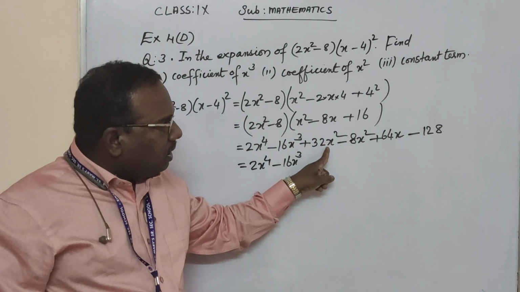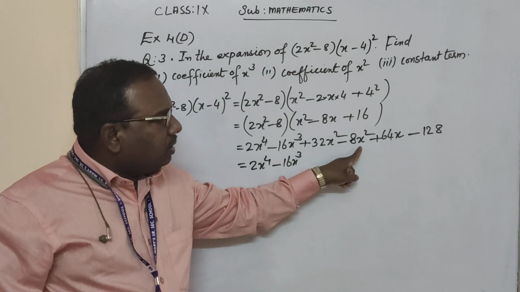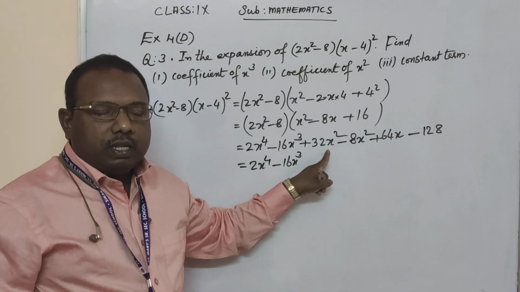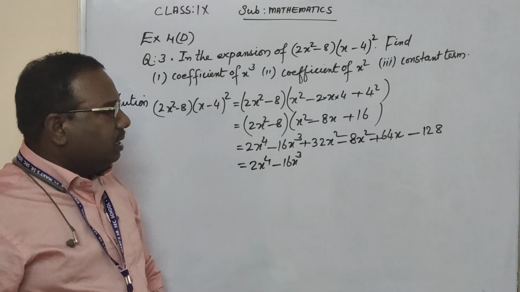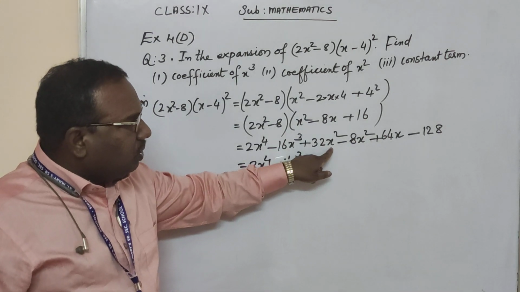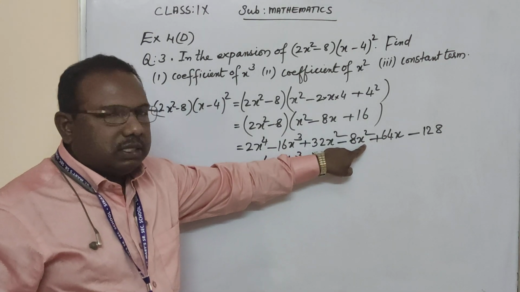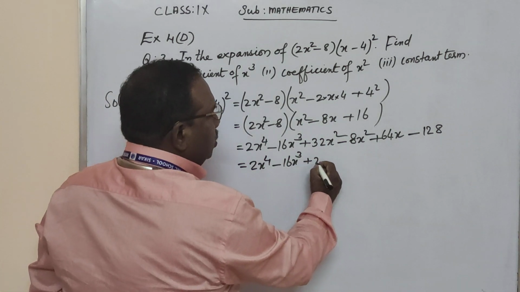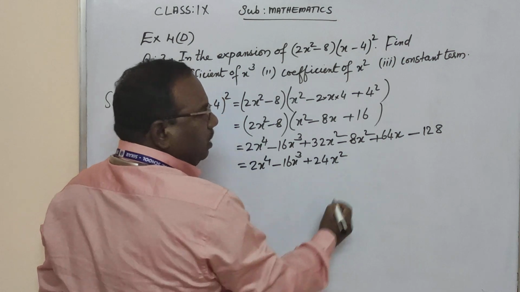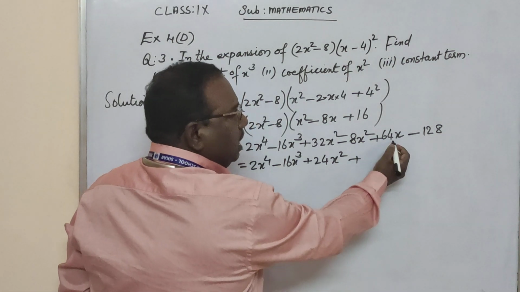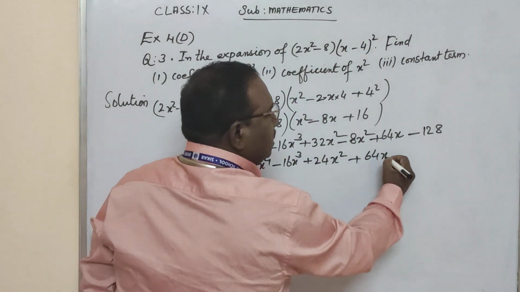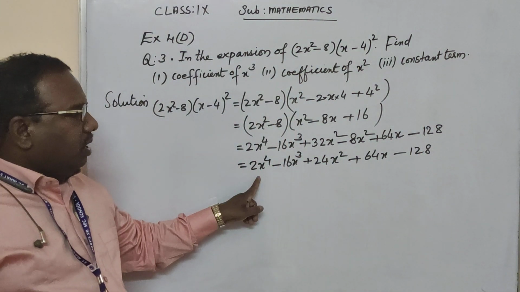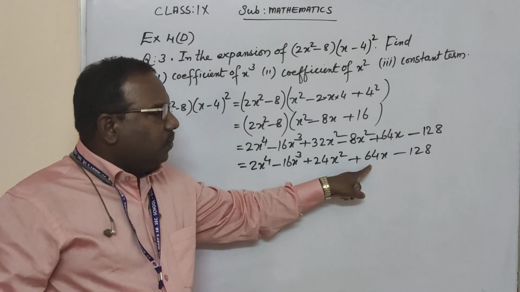Because both contain x². 32x² − 8x². Therefore both are similar terms. Let's simplify. Plus 32x² − 8x², after adding both we get plus 24x² plus 64x − 128.